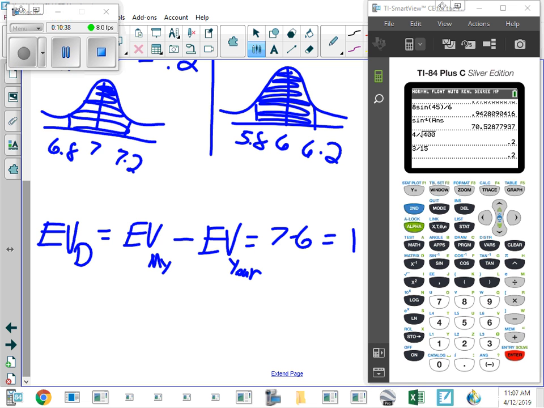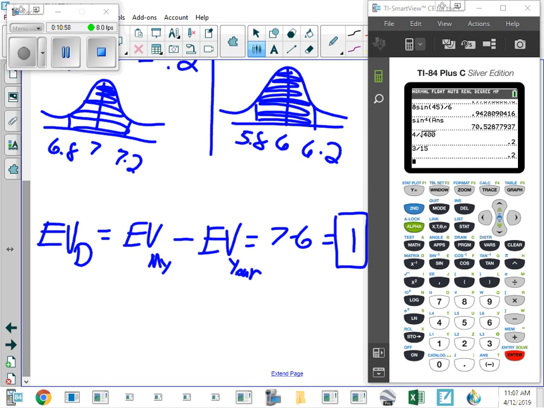So if a whole bunch of people draw from my box and a whole bunch of people draw from your box, and we take your average and we subtract it from my average, that number should be 1, right? So my expected value is 1.